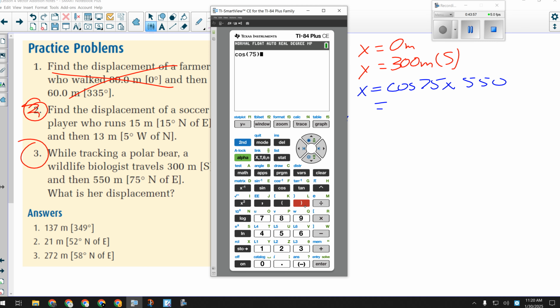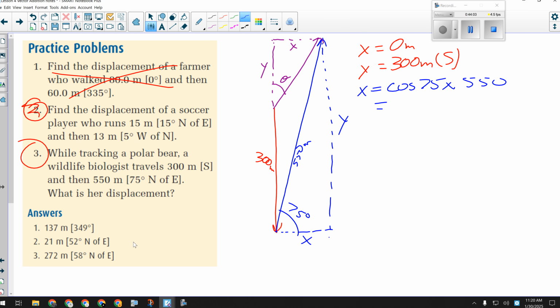Cos of 75 times 550. All right, so that side there is 142.35 meters, and that is east, right? And then blue y is opposite the 75-degree angle, so sine of 75 times 550.